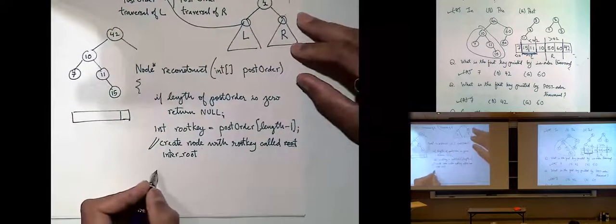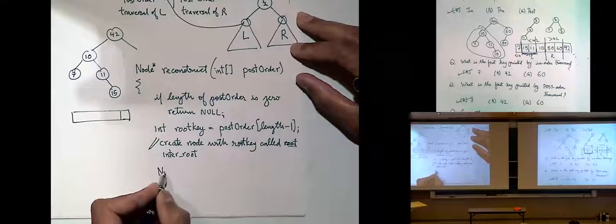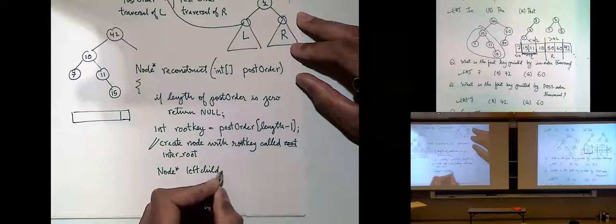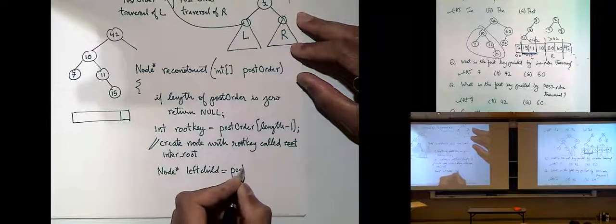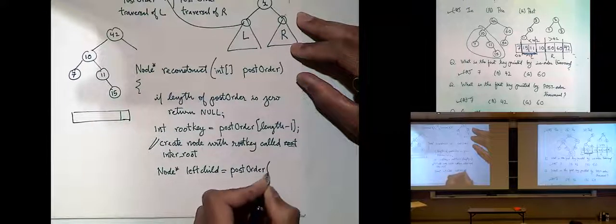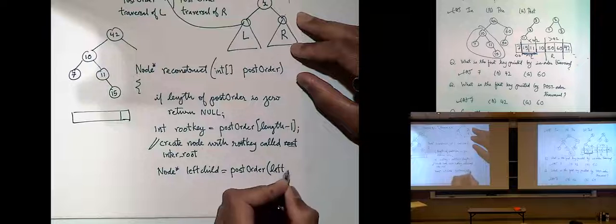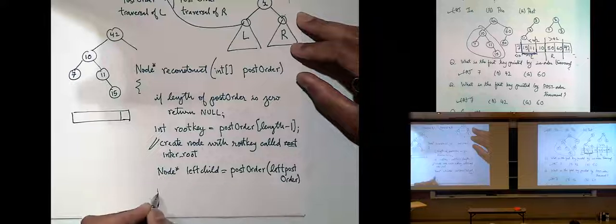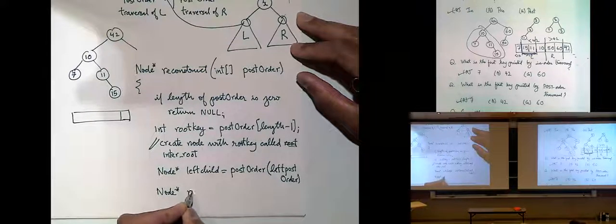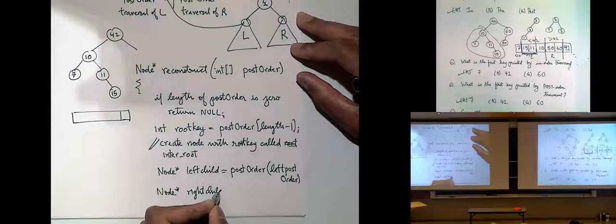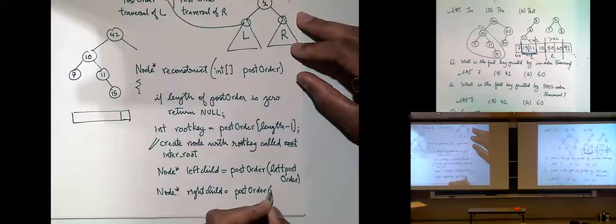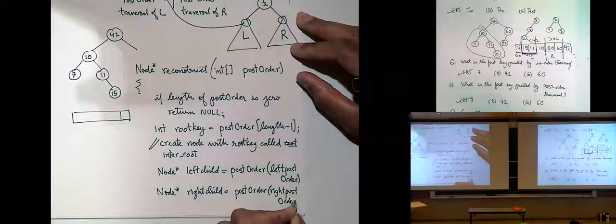Right, then I would say that node star left child is equal to the post order of the left post order, and then node star right child is equal to the post order of the right post order.